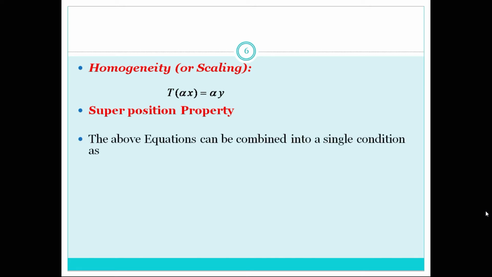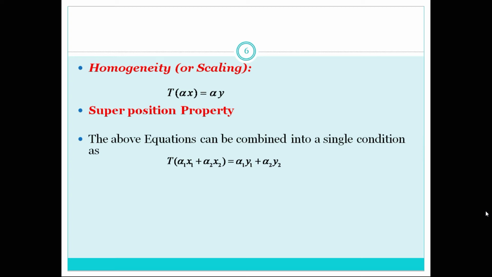The above equations can be combined into a single condition like this. Capital T of alpha 1 x1 plus alpha 2 x2 is equal to alpha 1 y1 plus alpha 2 y2. Here we are scaling each input, getting the same scaled output, and adding them.